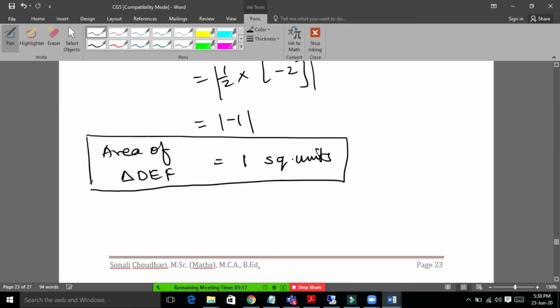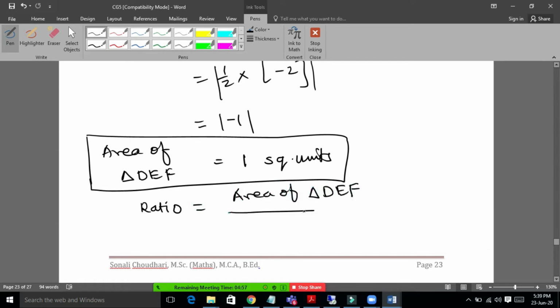So now the final step is that we have to take the ratio of their areas: the ratio of the area of the triangle formed by the midpoints to the area of triangle ABC. Therefore we write down ratio is equal to area of triangle DEF upon area of triangle ABC.